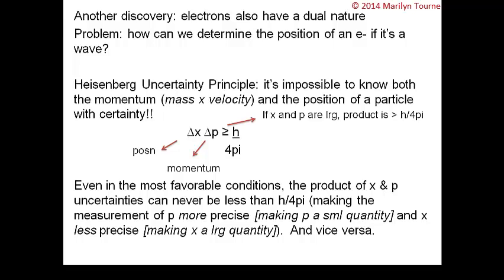Delta x and delta p are the uncertainties in measuring the position and the momentum of the particle. The significance of this equation is that in even the most favorable conditions for measuring position and momentum, the product of the uncertainties can never be less than h over 4 pi. So what that means is that if the measurement of the momentum of a particle is becoming more precise, then correspondingly the position must become less precise, and vice versa.